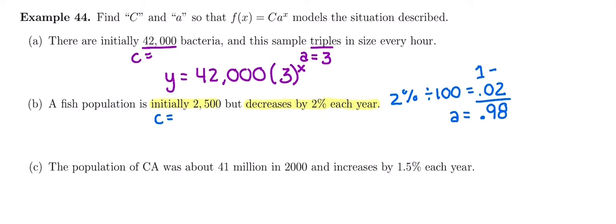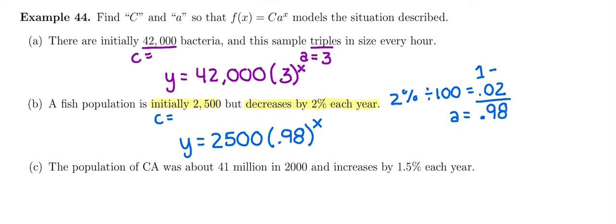If we multiply it by 0.98, we're only losing 2% each year. So we can write this as y equals 2,500, our initial amount, times 0.98, almost multiplying by 1. We almost have 100% of the population, but just 0.98 represents the 2% loss each year.